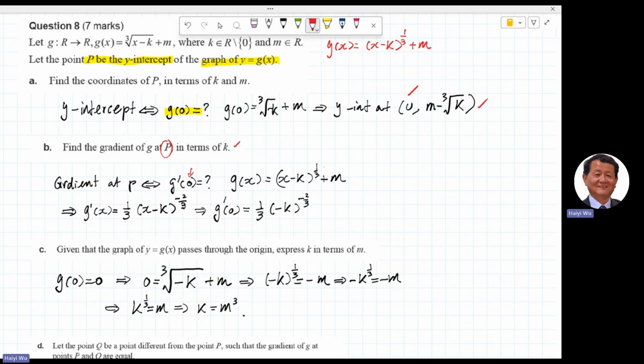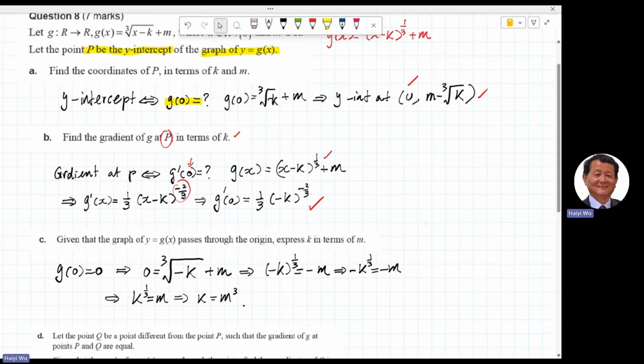We turn to index. The derivative of that is 1/3. Then remember, this 1/3 takes 1 away and becomes negative 2/3. So substitute 0 into the equation, so we get g'(0), the derivative of g when x is 0.